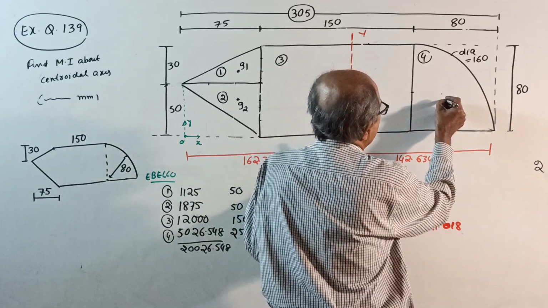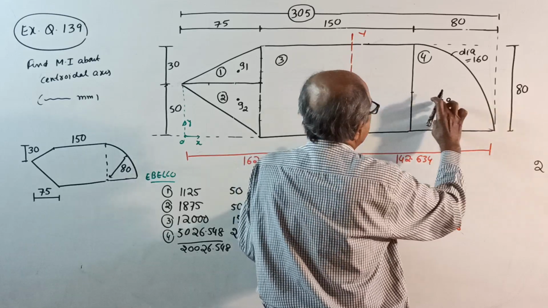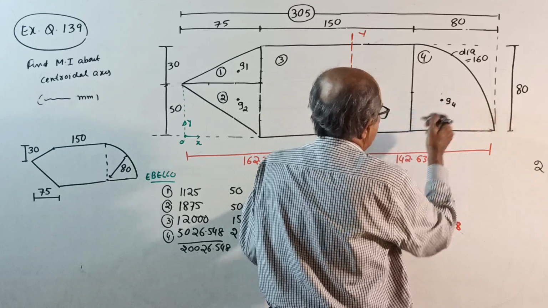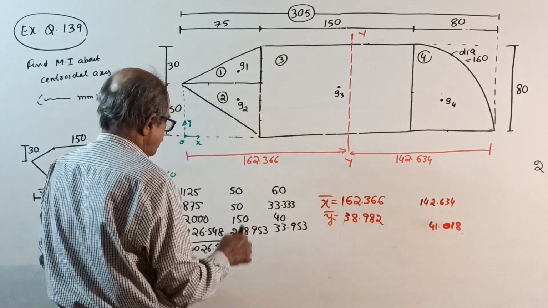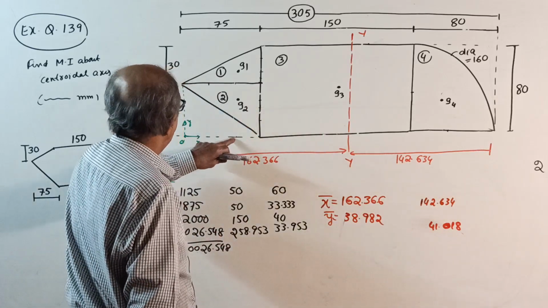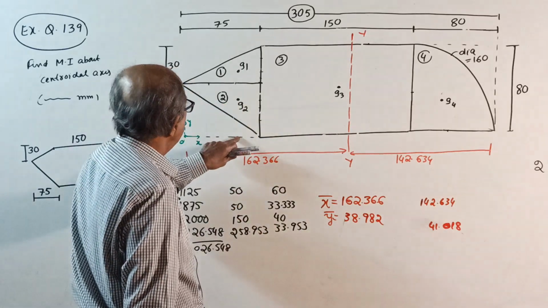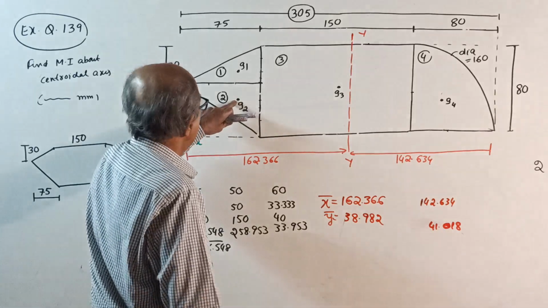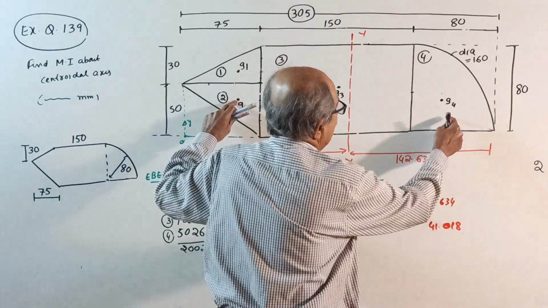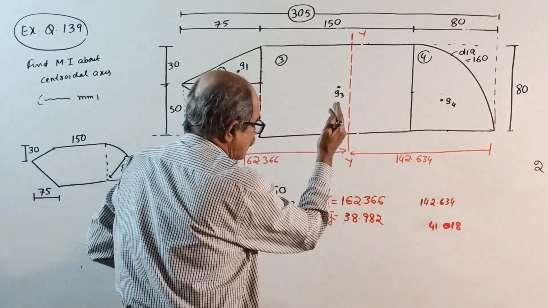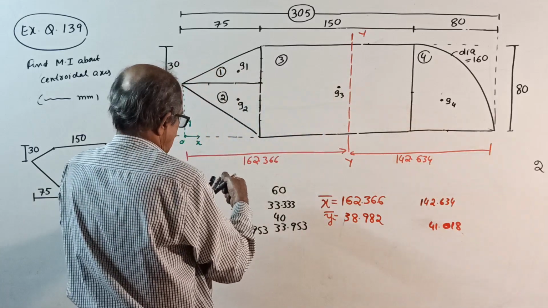Okay, now reasonable, because this is 40, 33, G4. And from here to the centroid of this one is how much? That is Y2, you can see here, 33.333. This is 33.333, this is 33.953. So it is above that one because 38, but before the centroid.